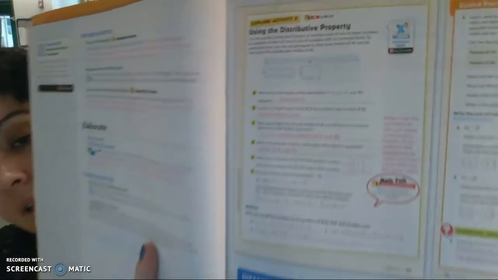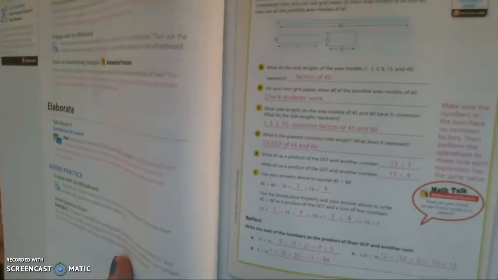If I were to write 60 as a product of the greatest common factor and another number, I would write it as 15 times 4. So I'm going to bring my book back up for you. Again, so you can see those examples there of what I just explained. I went from A through E.